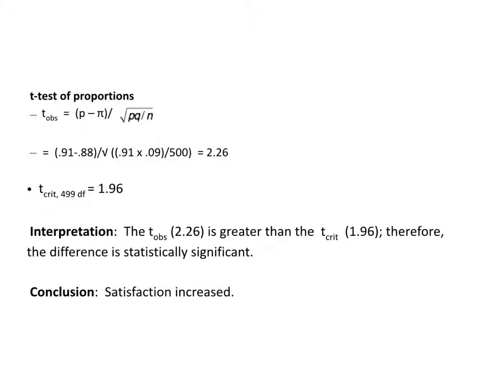And our conclusion then would be that, yes, satisfaction has increased, and we can be 95% certain that that increase is not due to random error. And in fact, the sample represents something other than the population that was represented by the satisfaction level of 0.88.